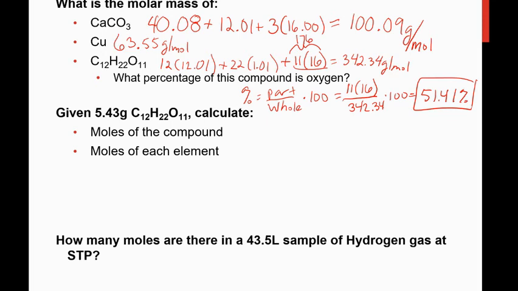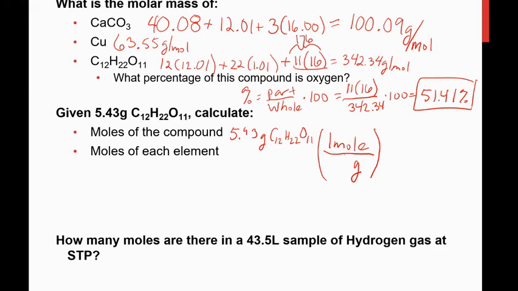Okay, so your next question is, given 5.43 grams of C12H22O11, calculate how many moles of the compound there are. So I'm going to do 5.43 grams of C12H22O11. And I want to follow what we would call in class the mole road or the mole highway in your notes. So grams goes on the bottom because I want to get rid of grams and go to moles.